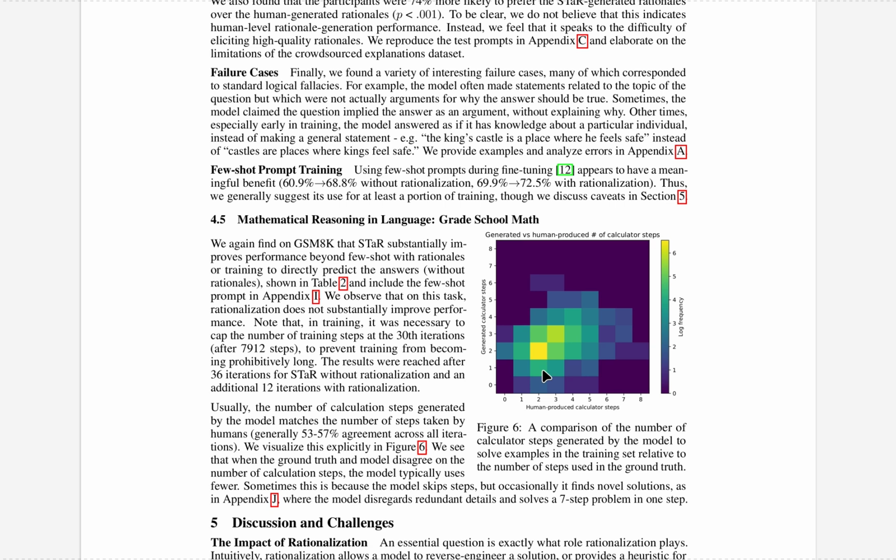Note that in training, it was necessary to cap the number of training steps at the 30th iteration after 7,912 steps to prevent training from becoming prohibitively long. The results were reached after 36 iterations for STaR without rationalization and an additional 12 iterations for rationalization.